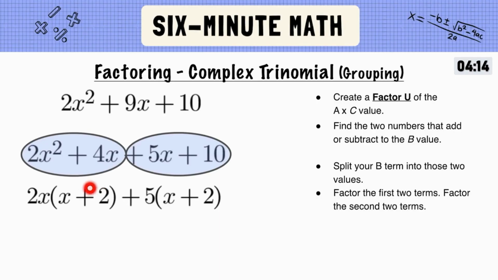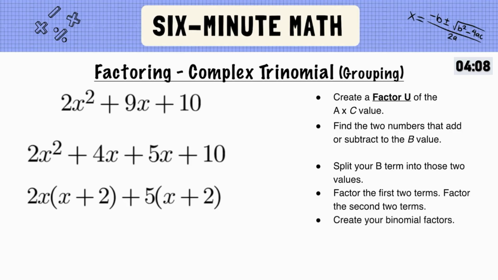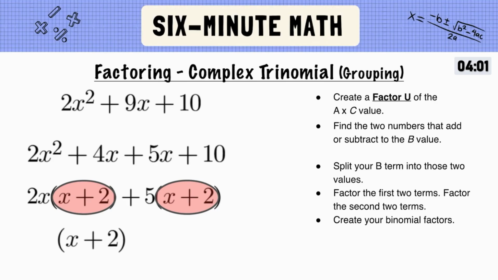Now you can see I have a common binomial in the middle. So my last step here is to factor out that common binomial. I'm going to take my x plus 2, factor it to the front, and then I have my remaining 2x plus 5 as my other binomial.